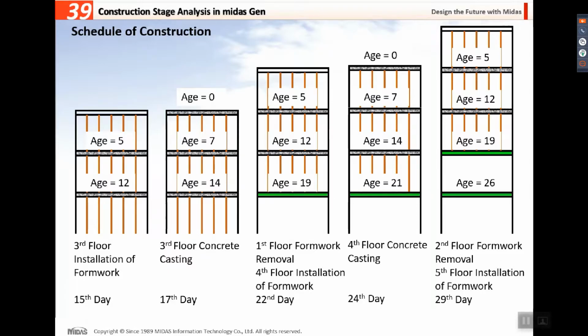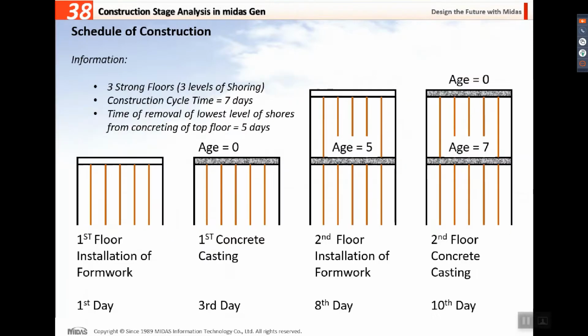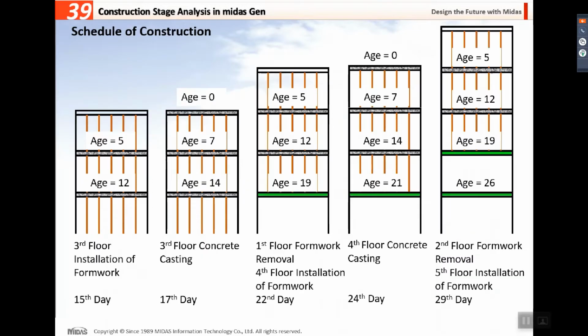So what does this actually mean? This 19 days is the age of concrete from casting to removal of formwork. This will be the input in our software. As you can see in the information, the time of removal of the lowest level of shore from concreting of the top floor is 5 days, there will be 3 levels of shoring, and the construction cycle time is 7 days.